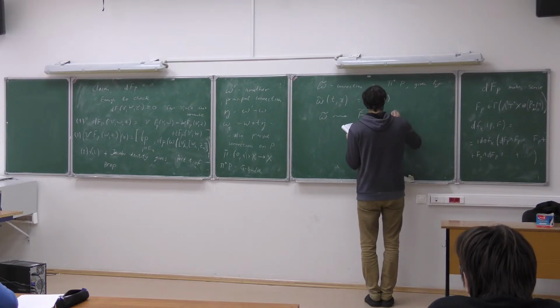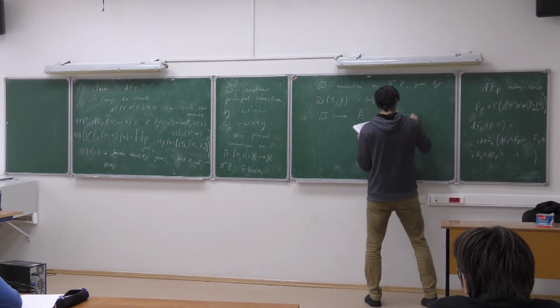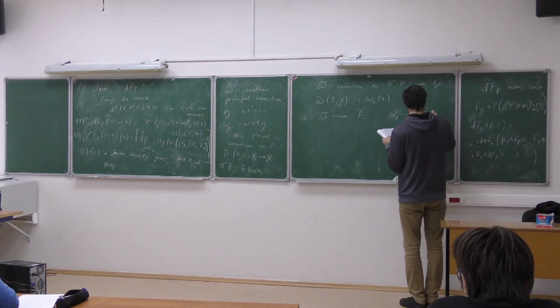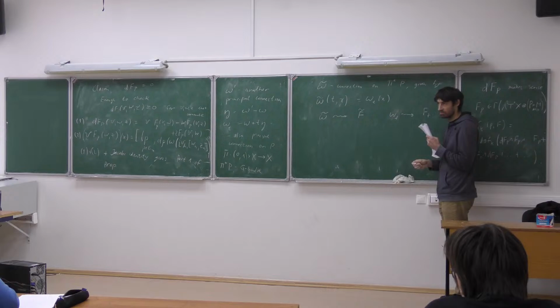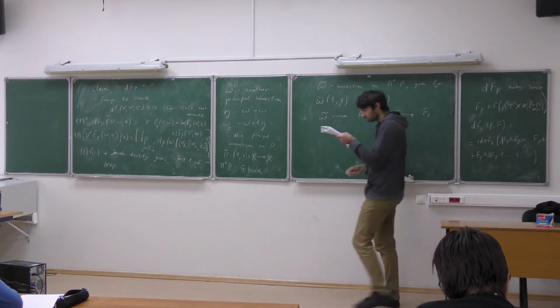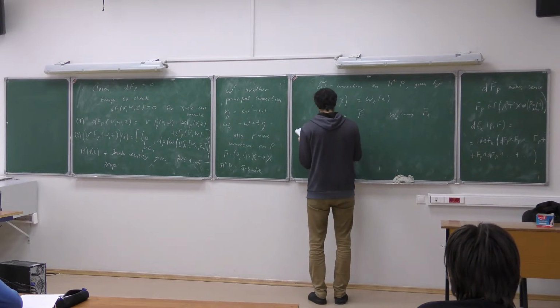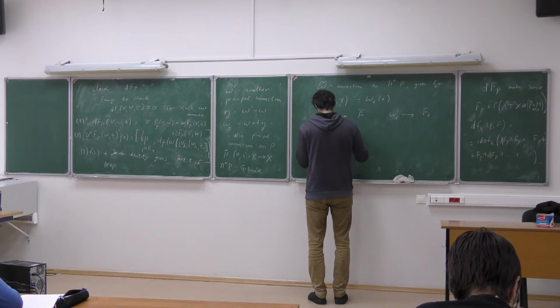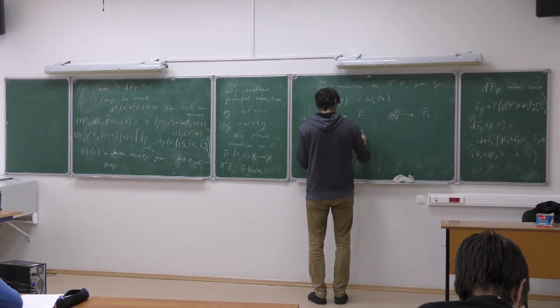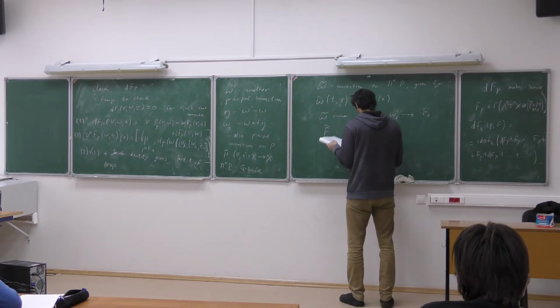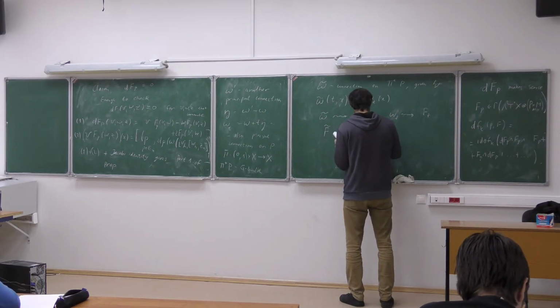Also, we can form F_t from omega t, the corresponding curvature is F_t. And then F tilde can be written like this: dt wedge some form eta, plus F_t.